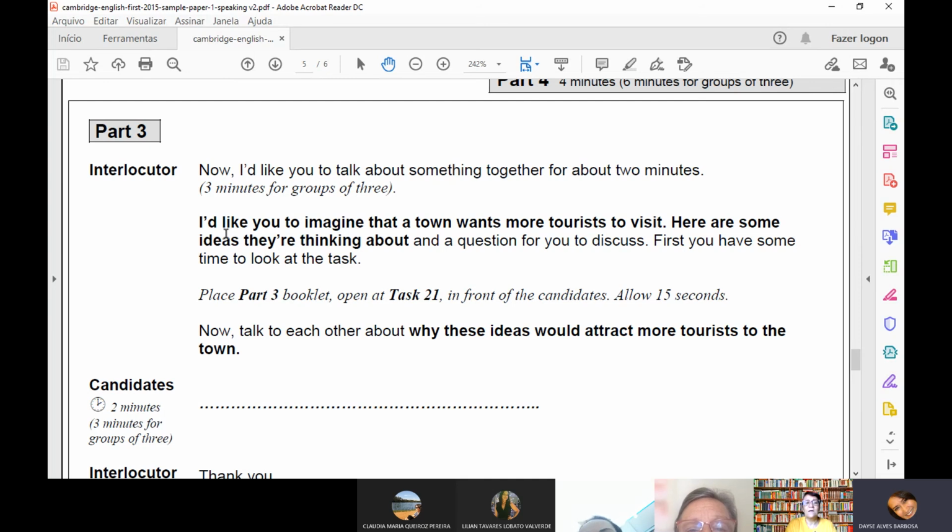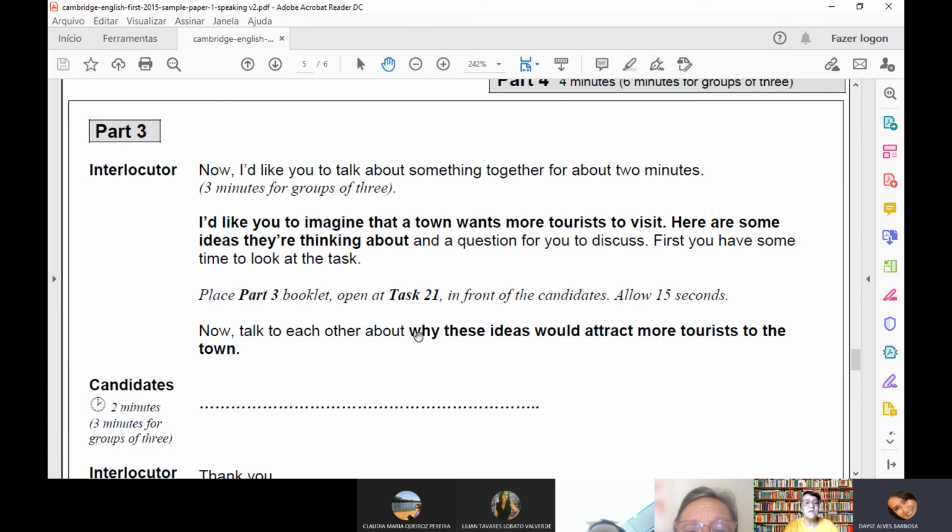First, you have some time to look at the text. So the interlocutor hands in the picture, and the candidates will look at it in silence for some seconds. In this case, about 15 seconds.